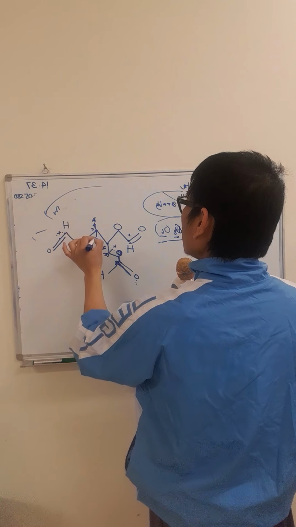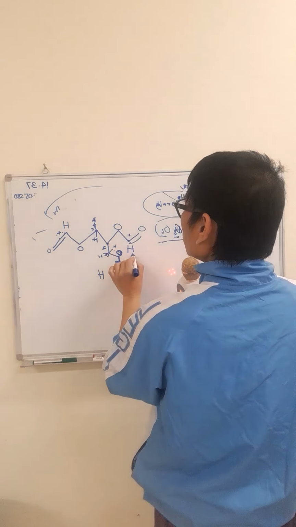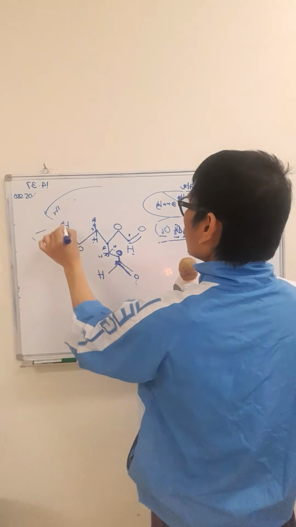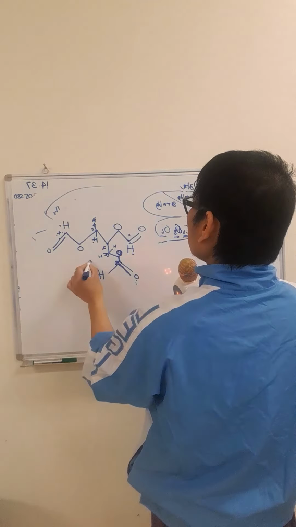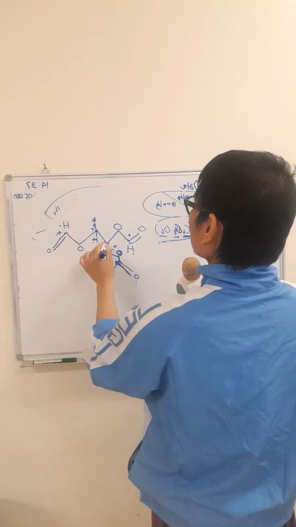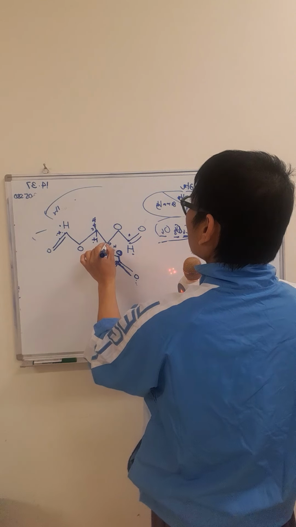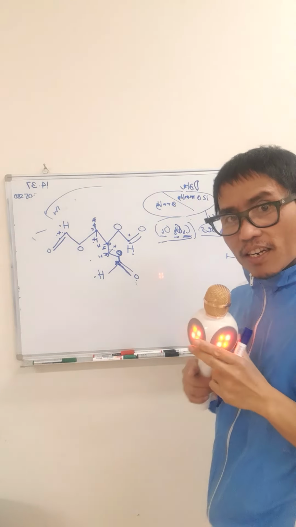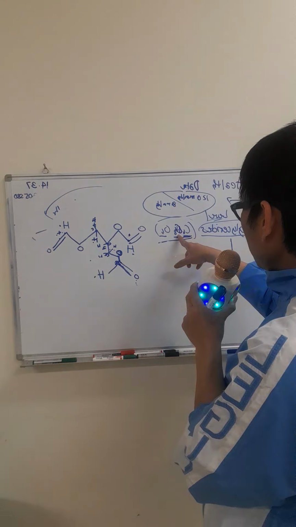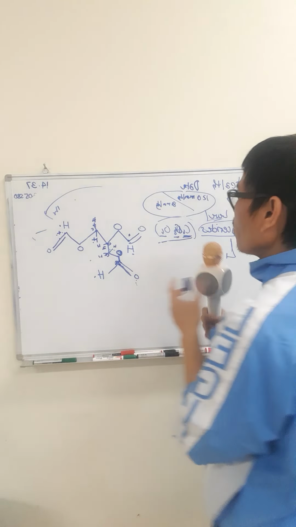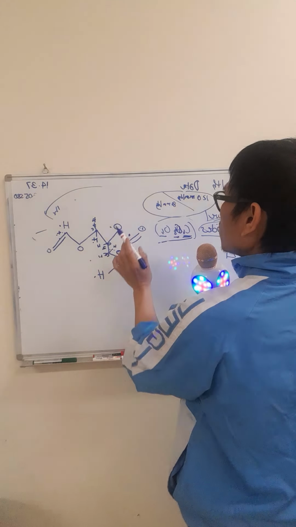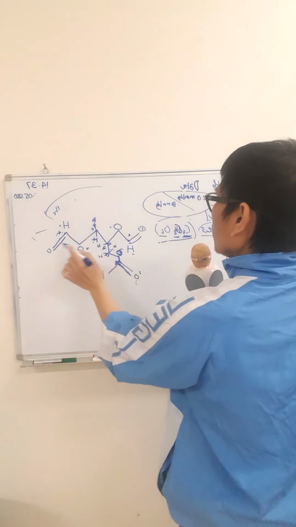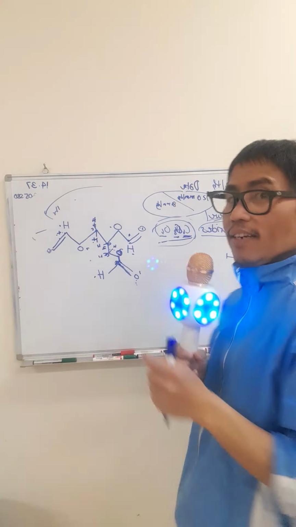Now count the H. How many? 1, 2, 3, 4, 5, 6, 7, 8, because you have still one hydrogen here. 8 hydrogen. Oxygen 6: 1, 2, 3, 4, 5, 6. Oxygen 6. So, technically correct.